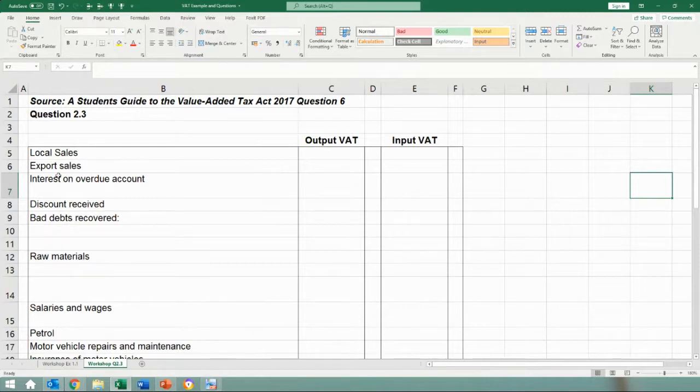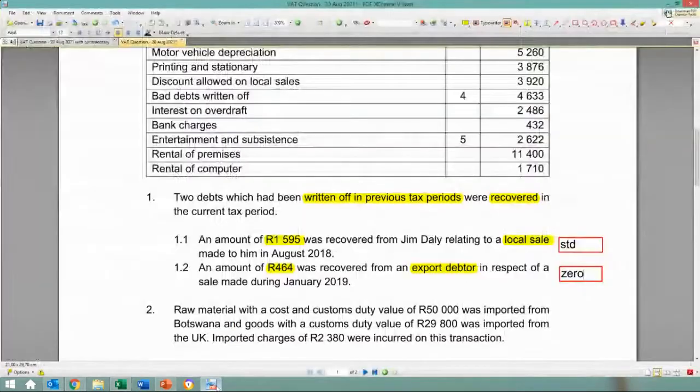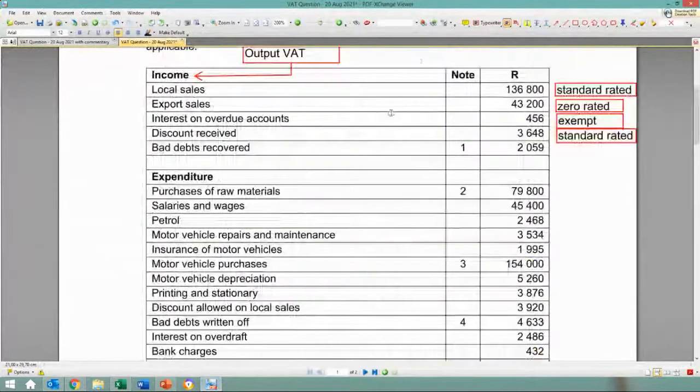So on the first one, we said it was local sales. If I go back to the local sales, the amount was 136,800. Now, because that is inclusive of VAT, how will I work out the VAT component? What will I multiply that amount with? Okay, so let me repeat that. For the local sales, how will I calculate the VAT component?